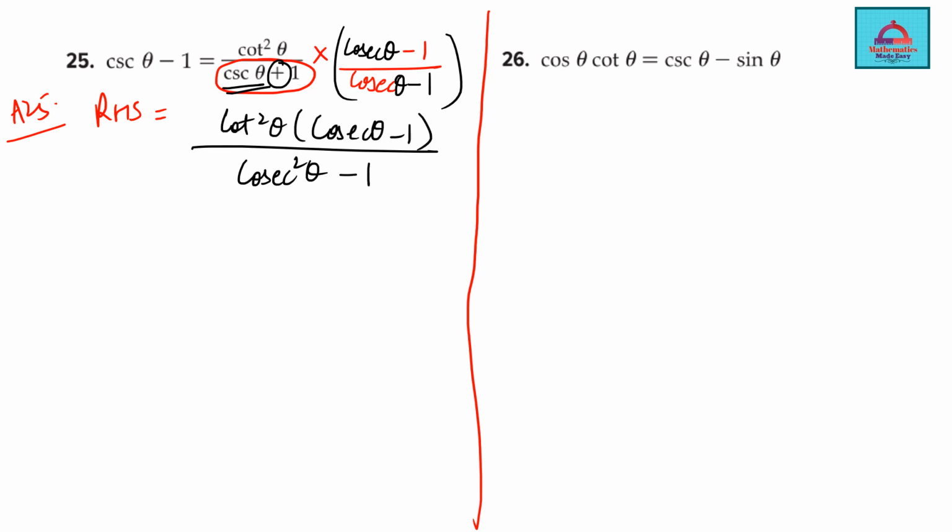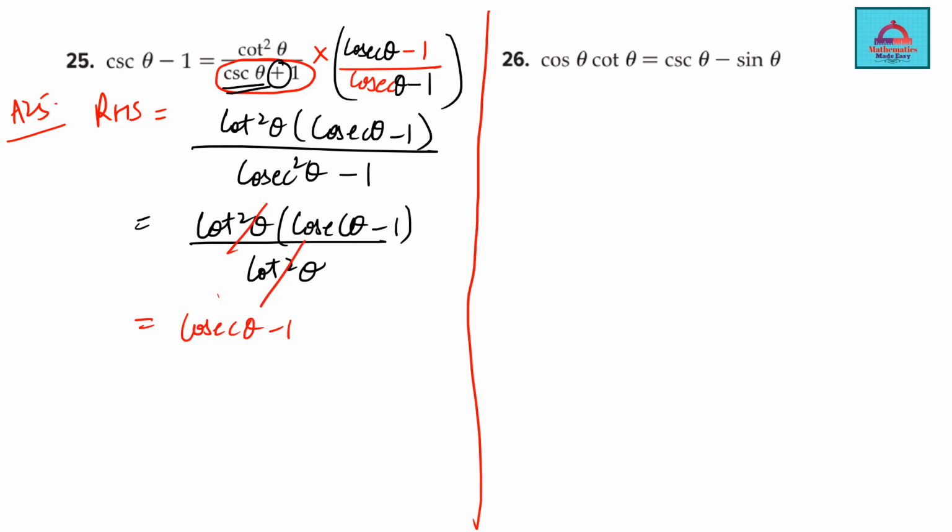So let's do it. Now we can use Pythagorean in the denominator to simplify, and it would reduce my denominator and lead to some cancellation. So let's see what's cancelling. Oh yes, we have got our left hand side. Now quickly we'll mention the identities that we used, because it's an FRQ and we need to show the steps.